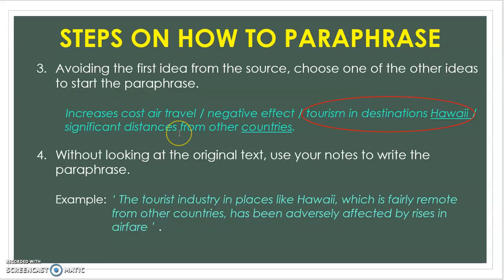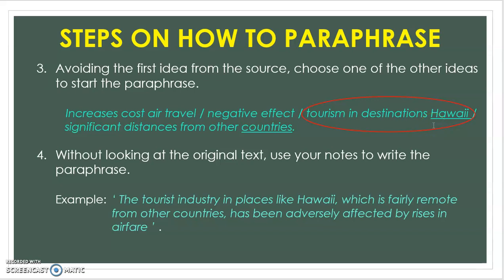Okay, so this is where you start to play around with the word order. The original source starts by talking about increases in cost of the air travel. So instead of starting with that, why don't you start your sentence with tourism in destination like Hawaii?